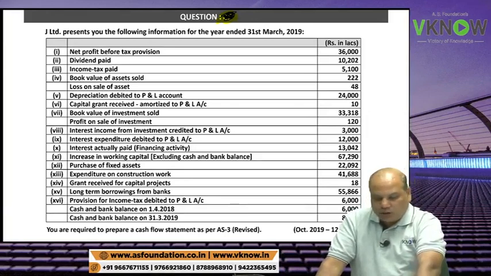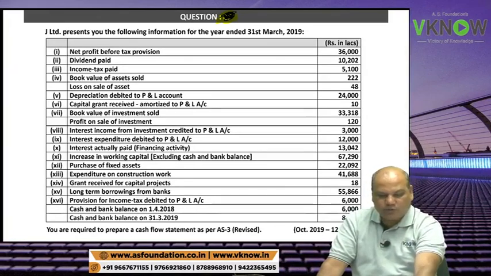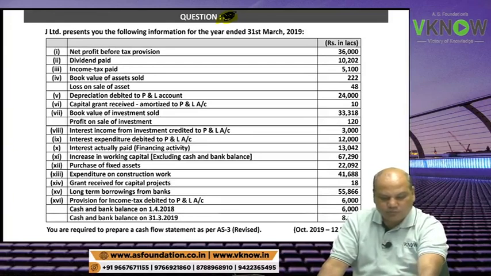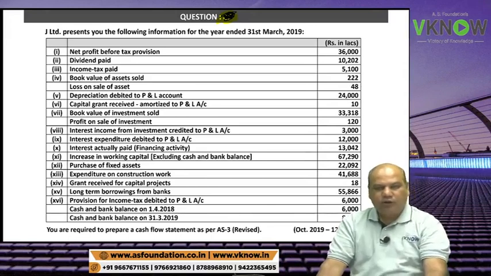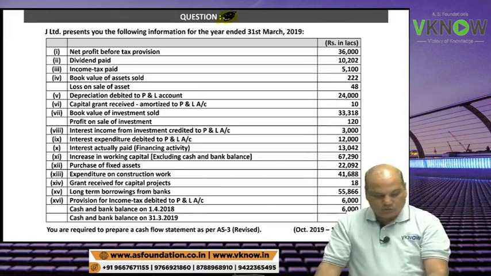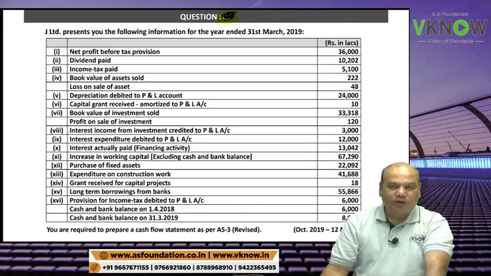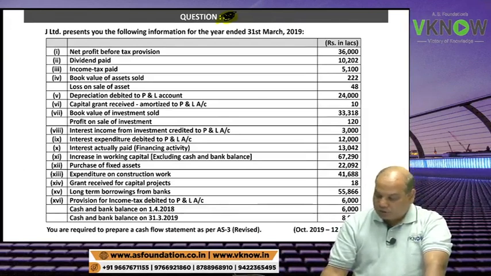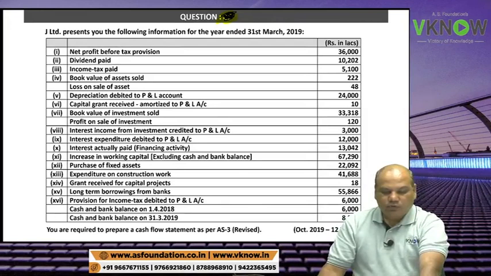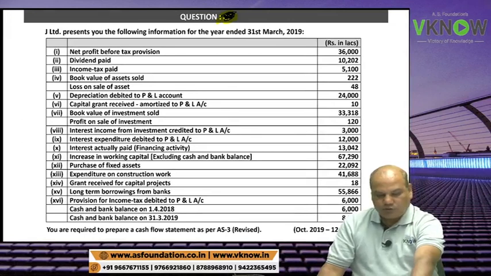Quickly write down net profit before tax provision 36,000. Dividend paid 10,202.